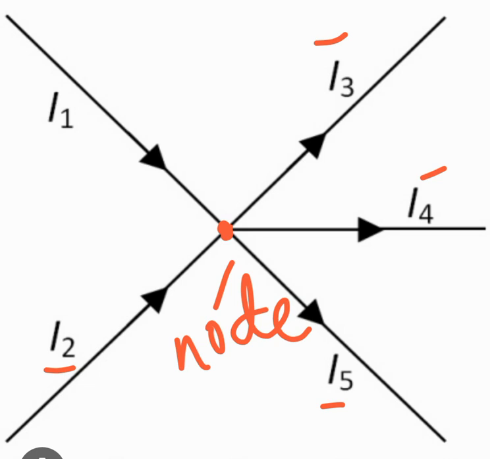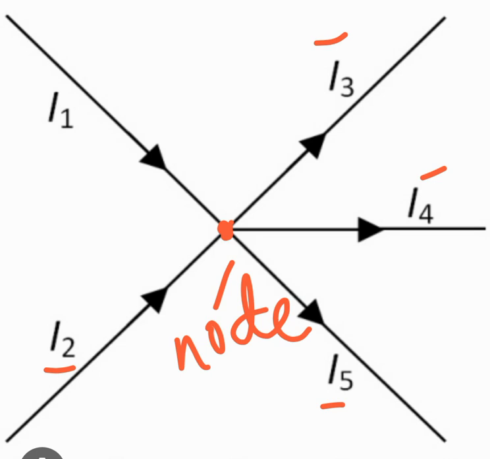Remember, this point is called a node or junction. So the KCL states that in a network such as shown in this figure, the sum of the currents entering into the node is equal to the sum of the currents exiting the same node.